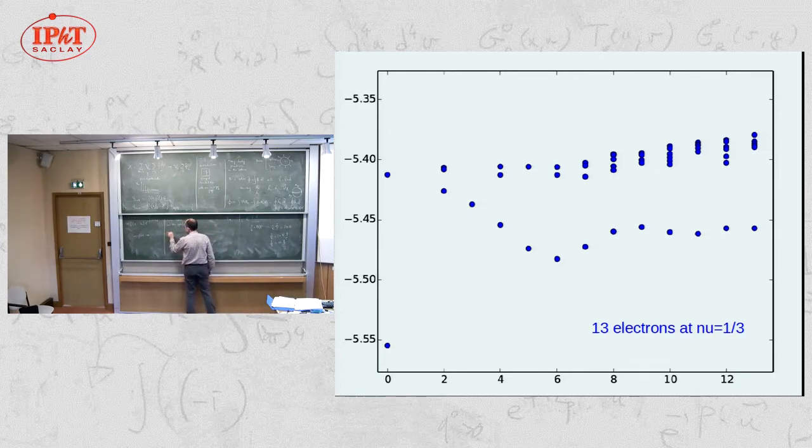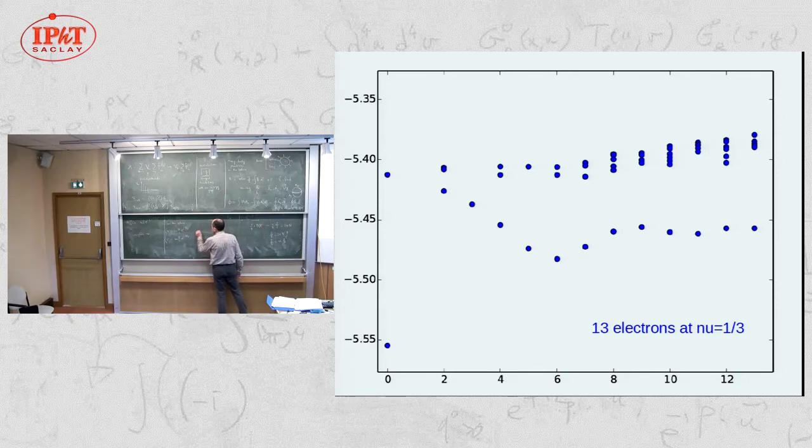So let me define u, which is cosine theta over 2, e to the i phi over 2, and v, sine of theta over 2, e to the minus i phi over 2. These two quantities transform as a spinor under rotation on the sphere. And it is possible to construct the theory of irreducible representations of SU(2) using polynomials in these u and v.